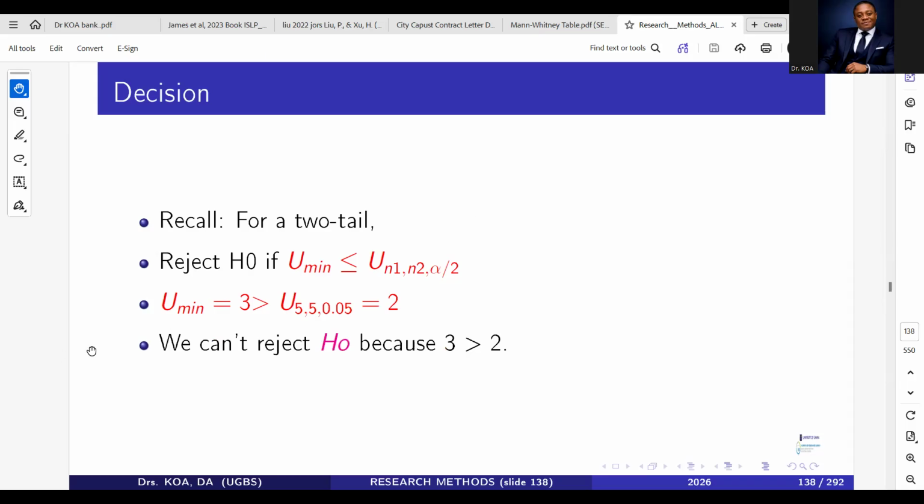I know why. So we can't reject the null hypothesis because 3 is greater than that. We only reject when the test statistic is lower. But in this case, the test statistic of 3 is higher than the critical value of 2. So we can't reject the null hypothesis.